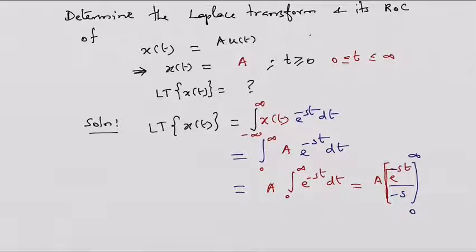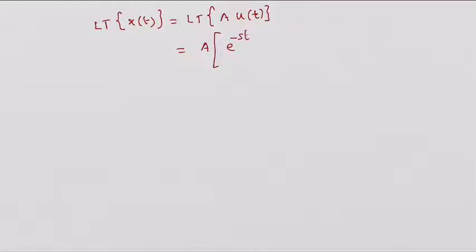So the Laplace transform of the given signal x of t, which is equal to the Laplace transform of a into u of t, is identified as e power minus st divided by minus s, where the lower limit is 0 and the upper limit is infinity.